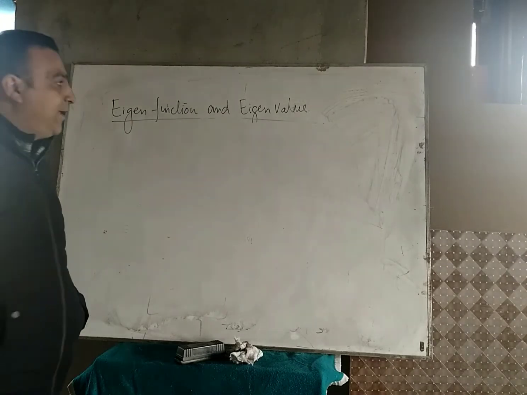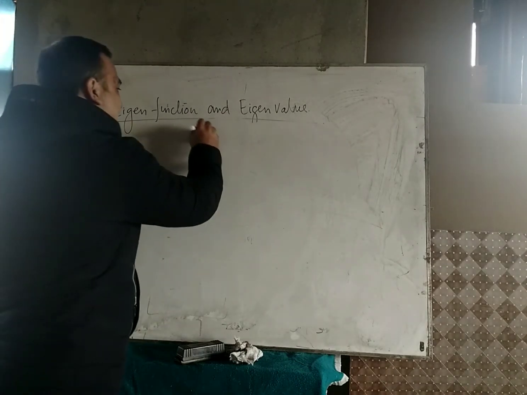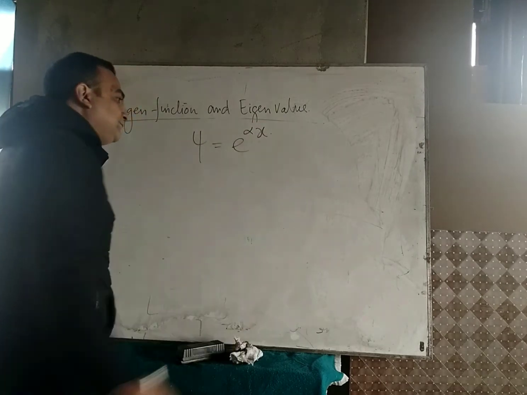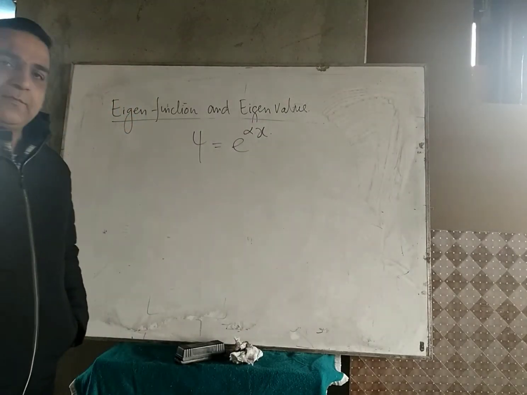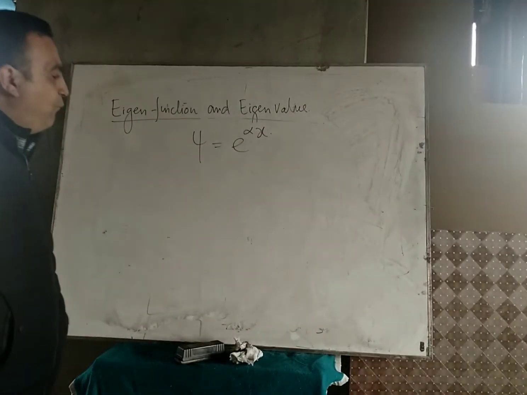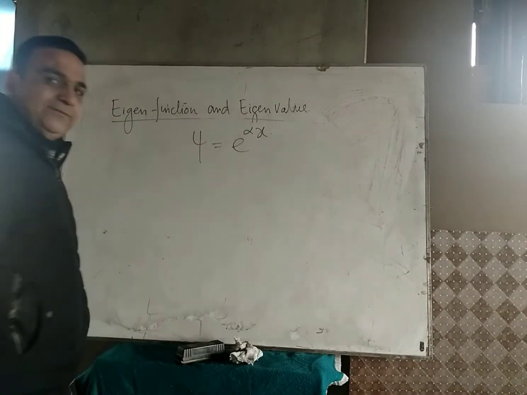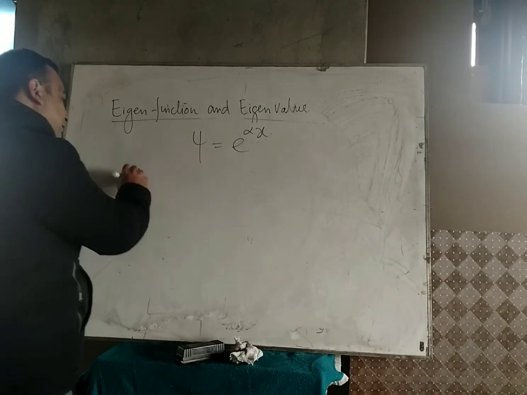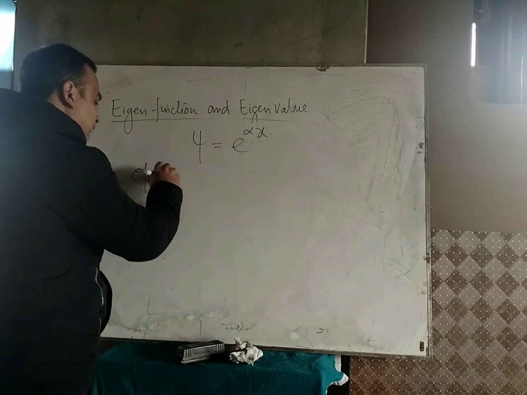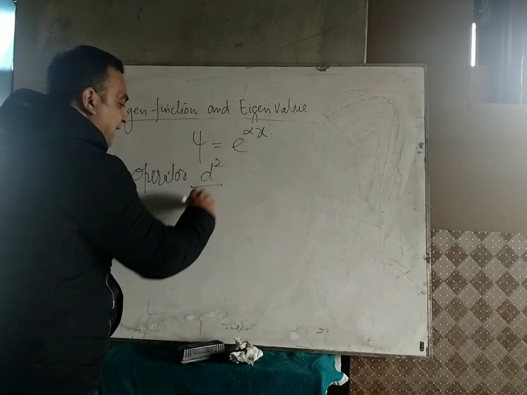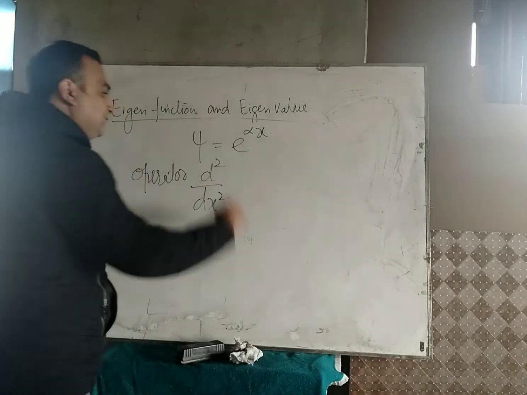Suppose we have a wave function psi equal to e to the power of alpha x. And we have to operate on this wave function by an operator d2 by dx2.